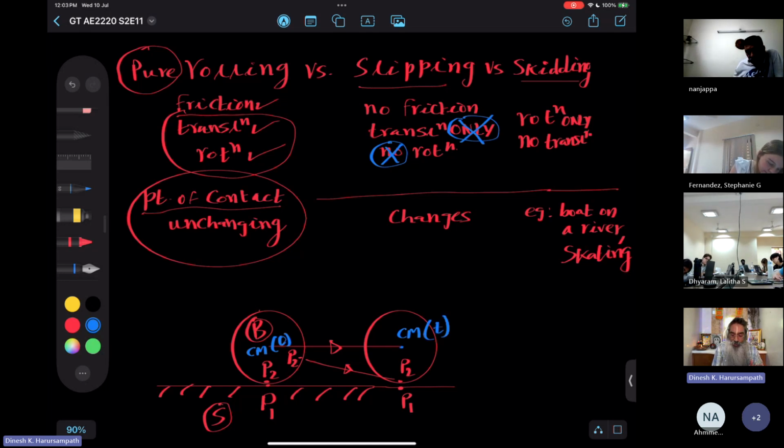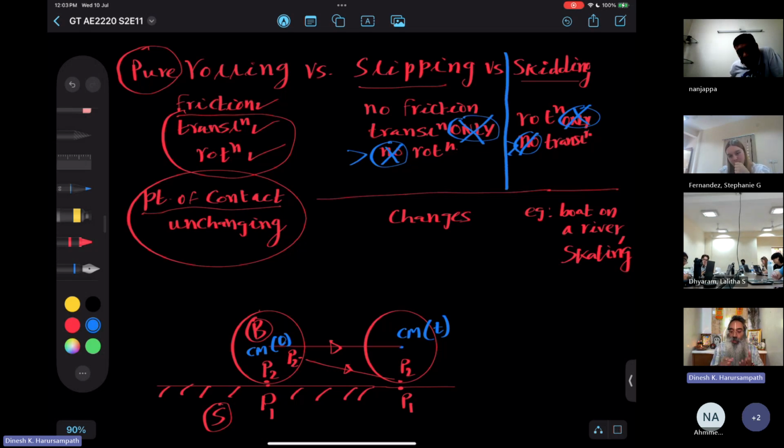Now, the center of mass's motion, that is essentially your translation that is happening, is also having a translation under a rotation which is happening at the point of contact, right? Now, here the contribution from translation is greater than the contribution from the rotation, and here it is the opposite, that the contribution from the rotation is greater than the translation as far as skidding is concerned.